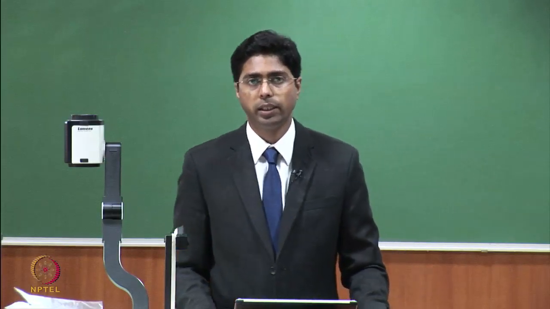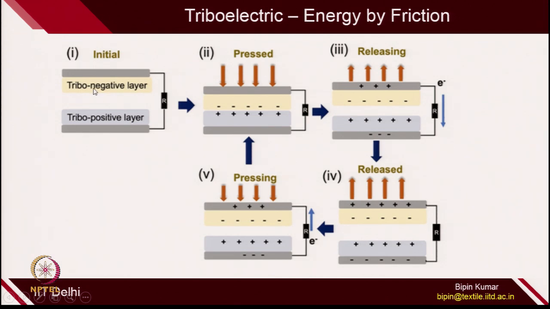Energy harvesting textiles are also made using knitting. Whenever you go for energy harvesting textiles you need two types of materials: a tribo-negative material and a tribo-positive material, and if you apply pressure on this, energy is generated. Usually polytetrafluoroethylene yarn and nylon yarns are more suitable.